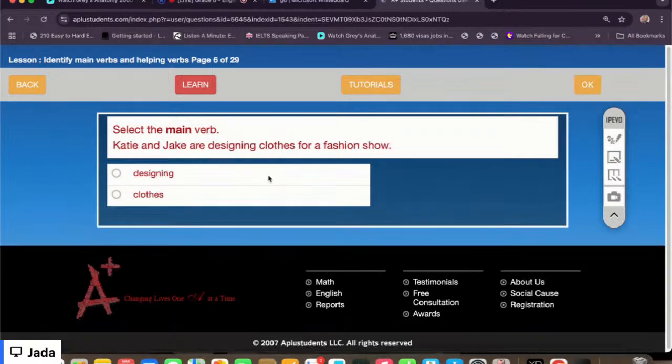Okay. So yeah, Katie and Jake are designing clothes for a fashion show. What's the main verb here?